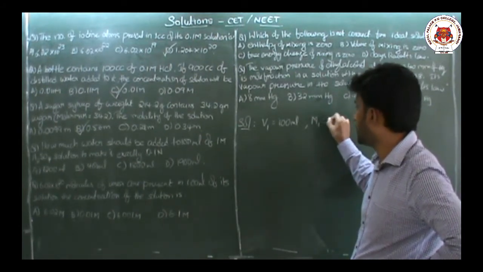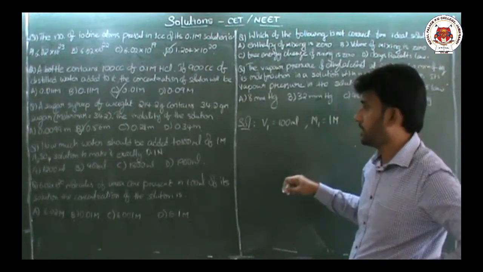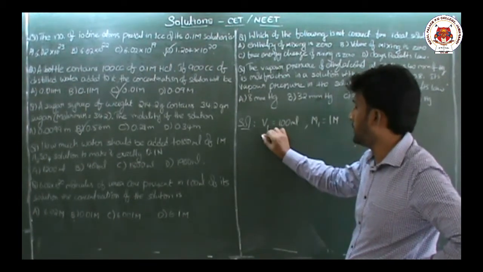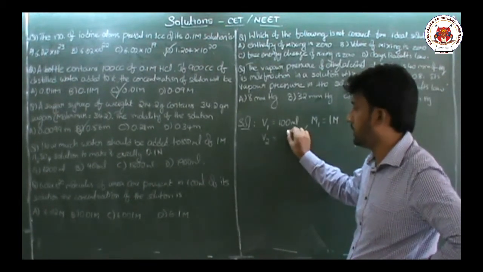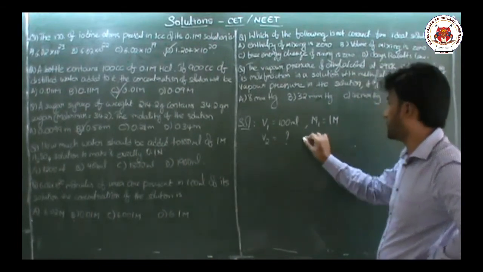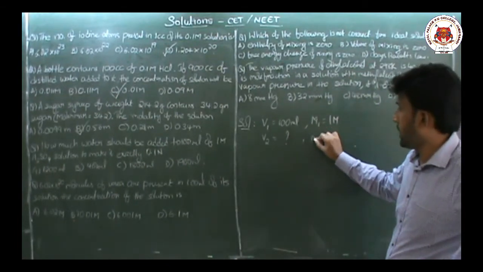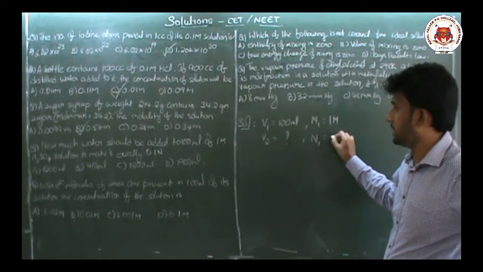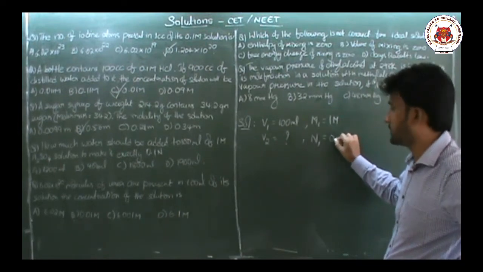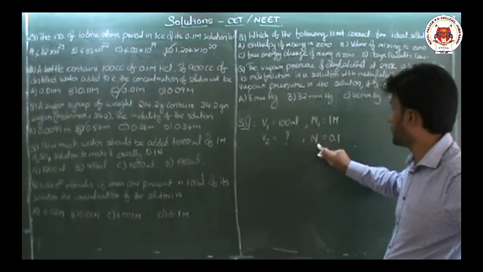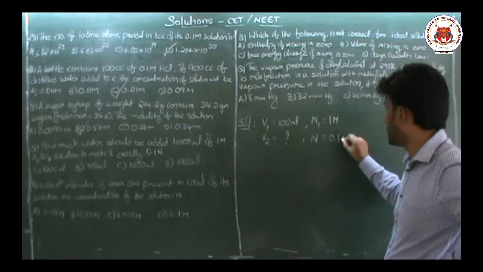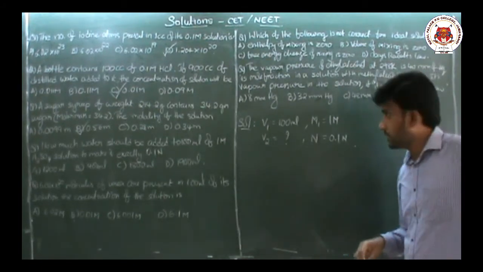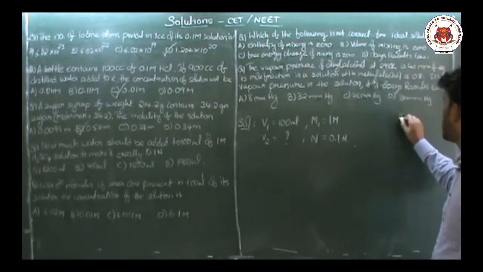Concentration M1 is equal to 1 molar. And they are asking how much water, normality they want as 0.1 normal. Okay, and this is H2SO4 solution.